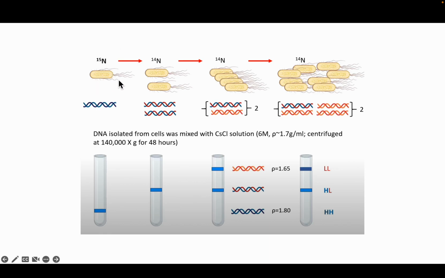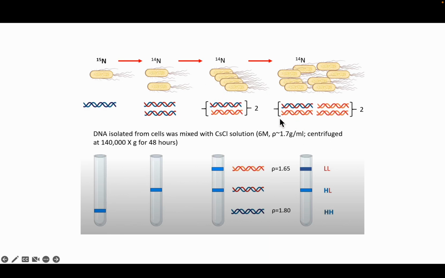If 15N, that is heavy nitrogen, is present inside DNA, and you grow cells in media containing the normal isotope, normal nitrogen, then when the DNA replicates, it won't be able to get the heavy nitrogen, so it will incorporate non-radioactive nitrogen, that is 14N, and so on, and this is how it will grow.